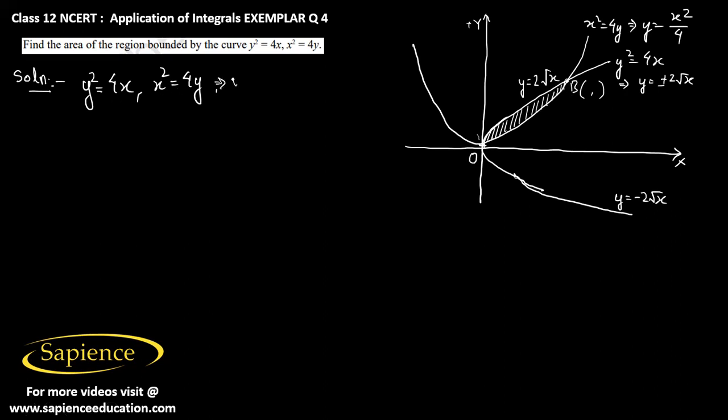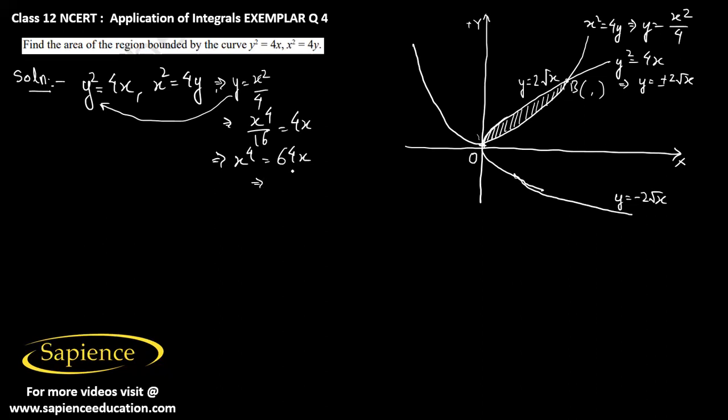Now from here we get y equals x squared by 4. If we put this in place of y here, then we will get x power 4 by 16 equals 4x. And then x power 4 will be equal to 64x.